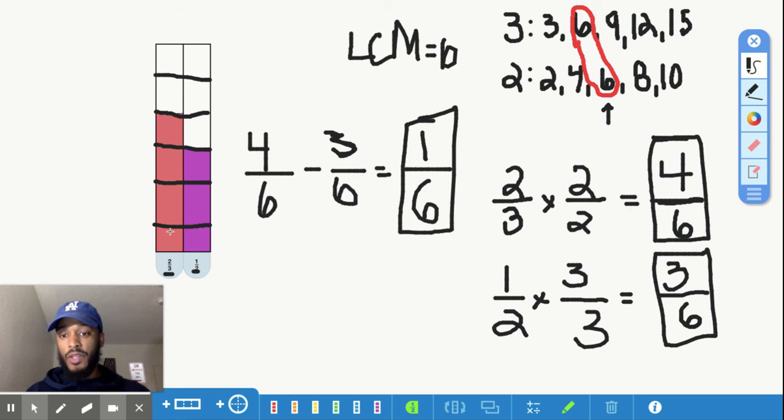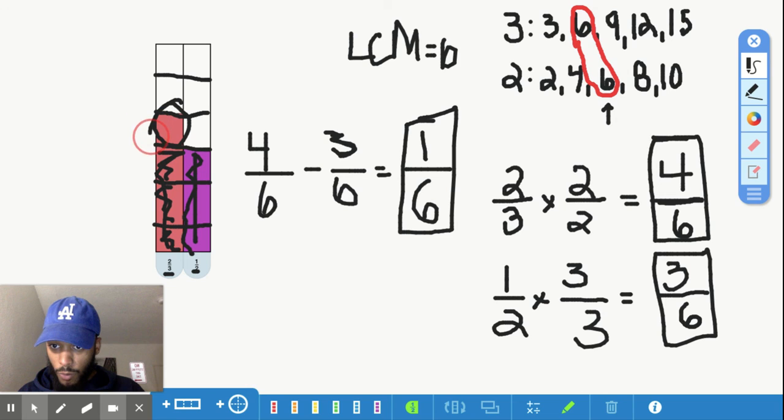And also, I just proved that mathematically. Let me show you. We know that both the 2/3 and the 1/2 fraction bars are equivalent because we broke them down into 6 pieces, both of them, right? So if I have 2/3 minus 1/2, basically if I take away the 1/2 fraction model from the 2/3 fraction model, what am I left with?